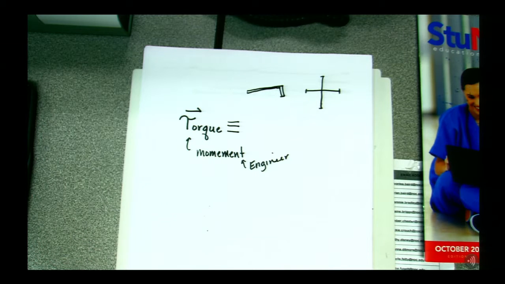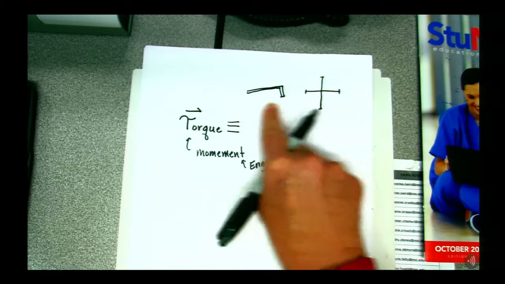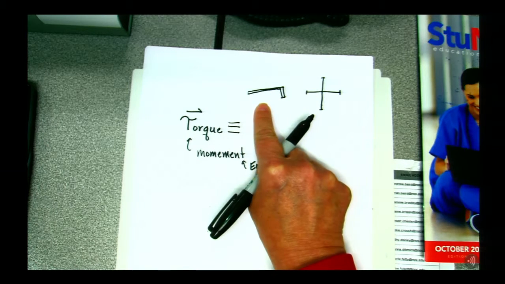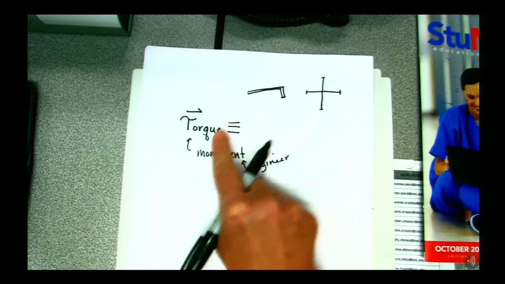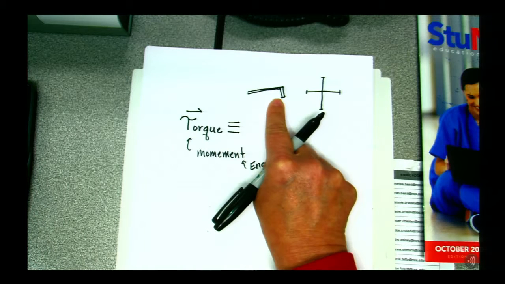And I will tell you that most men like to use this one, and most women like to use that one. And it's related to how we're going to accomplish the torque. Because both of these are going to accomplish the torque the same way.